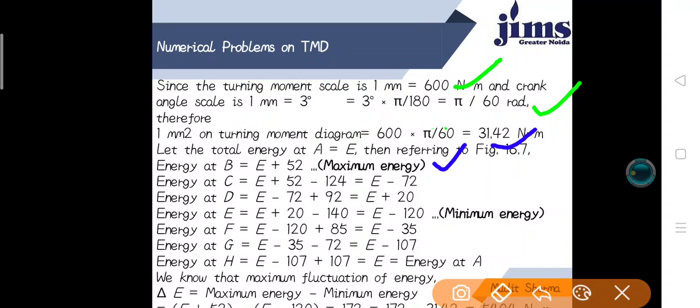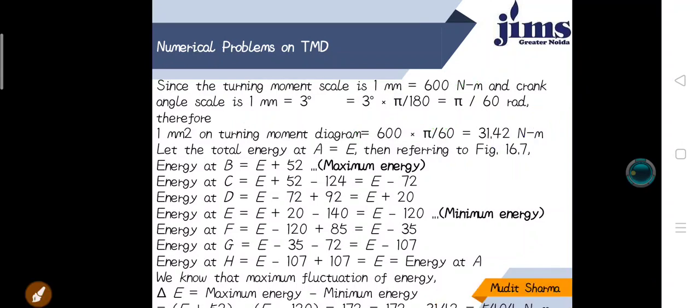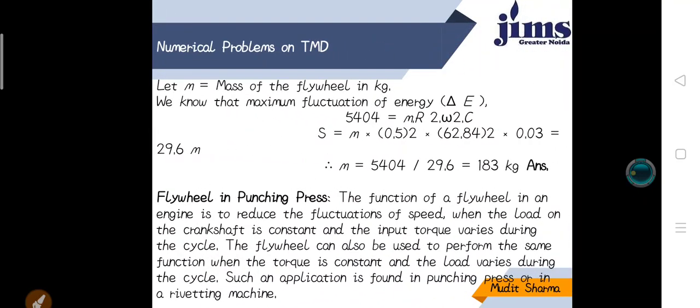We know that the maximum fluctuation of energy is equal to maximum energy minus minimum energy, that is E plus 52 minus E minus 120, which is equal to 5404 Newton meter. Now in the question, the examiner asks what is the mass of the flywheel.